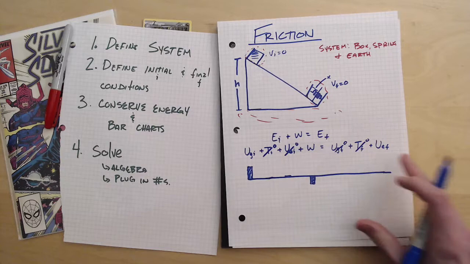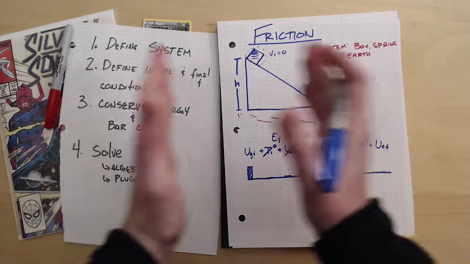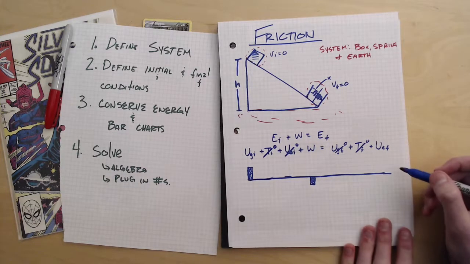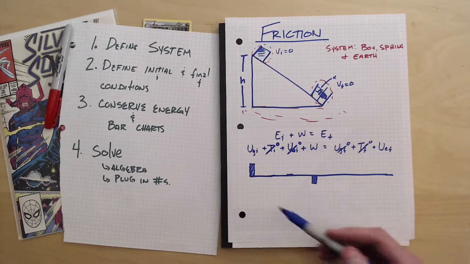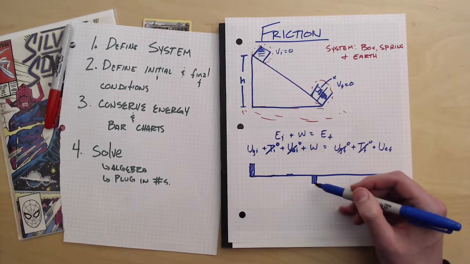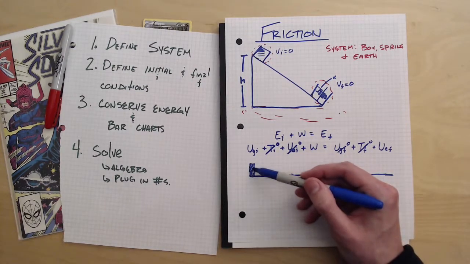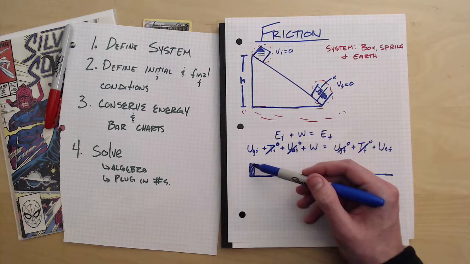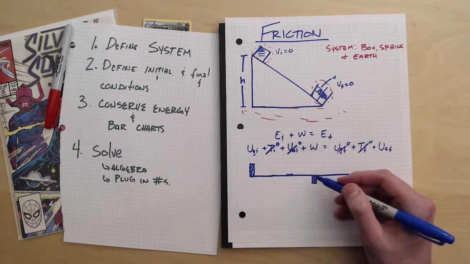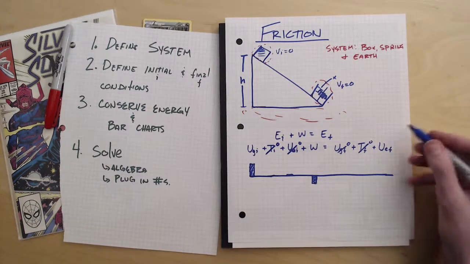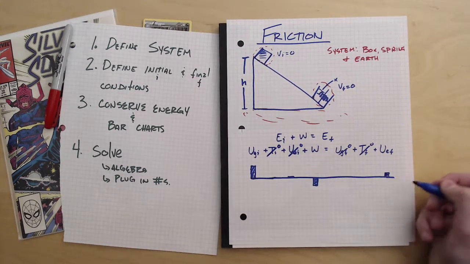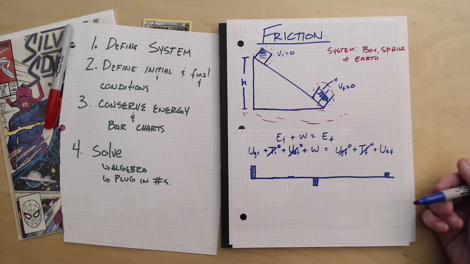And if the spring is compressed, it means that there's going to be some sort of energy stored in it, and that's going to happen to be the difference between this bar and this bar. Initially we had 3 units of total energy, and on the journey down we lost 2 units. So at the end of the day, we're just going to get 1 little unit of elastic potential energy at the end.